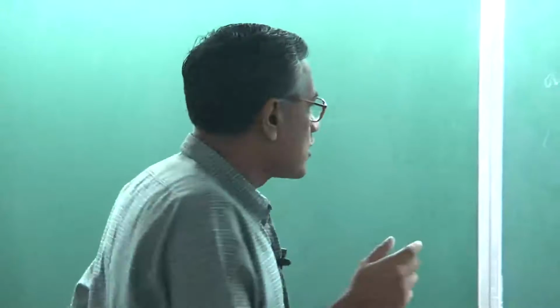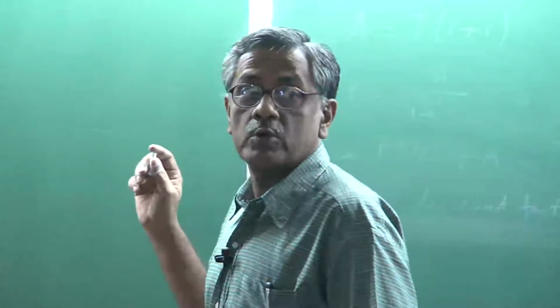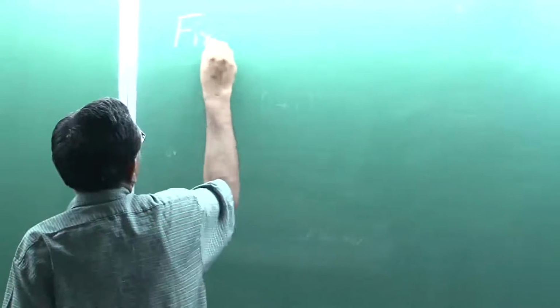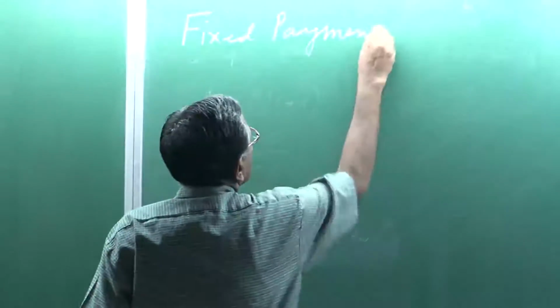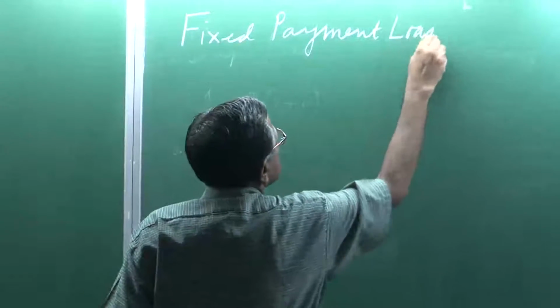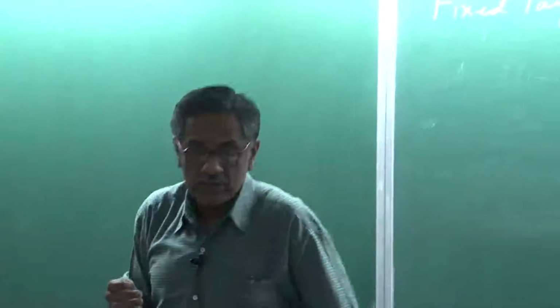All right. So, various kinds of loans and mortgages use EMIs. This situation of EMI is known, in the literature, you can refer to Mishkin, as a fixed payment loan. Fixed payment means fixed repayment schedules, EMIs, equal monthly installments.